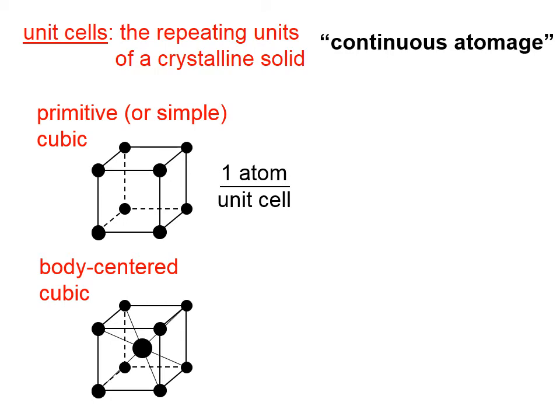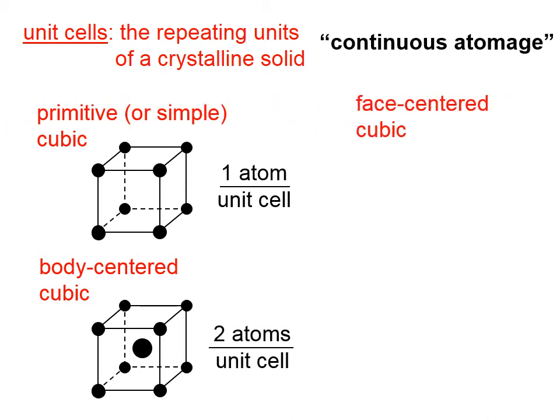And right where those lines meet, there's another atom there. How many total atoms inside a body-centered cubic? Well, we know that the primitive part of that configuration gives us one atom inside the box, and then the entirety of this one is inside the box. I've just drawn him bigger so that he's set apart from the rest, which gives us a total of 2 atoms per unit cell for a body-centered cubic.